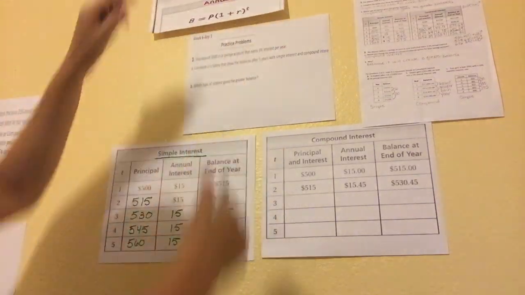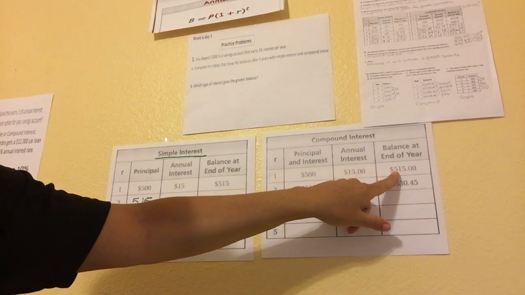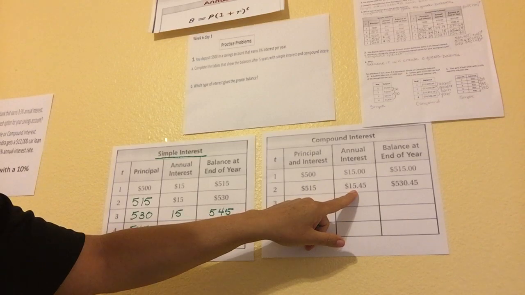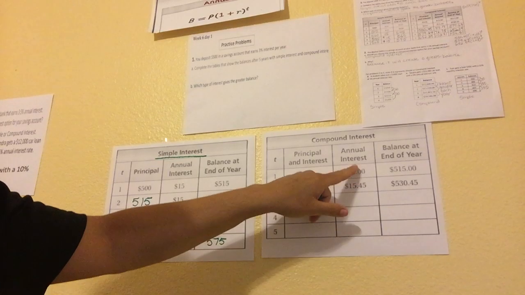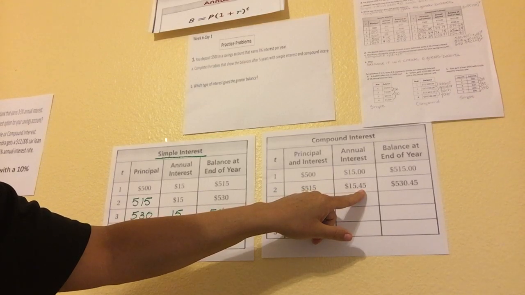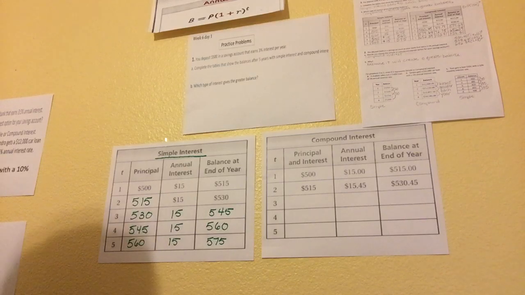Okay, so if we look at the first one, we have 500, then we have $15, 515. That comes over here, but you notice this is growing. Okay, this now is 530.45. Okay, so when we're doing this, you can see that we're going to have to be plugging in a formula.